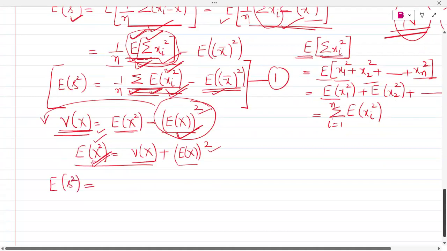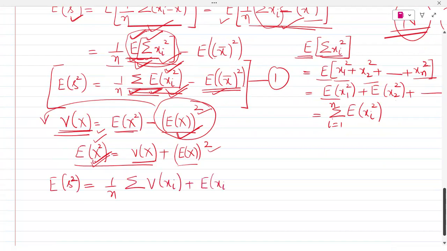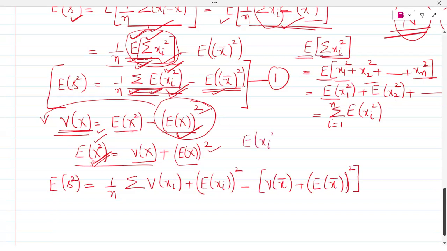So, 1 by n, and the variance of xi. The expected value of xi square, what is that?